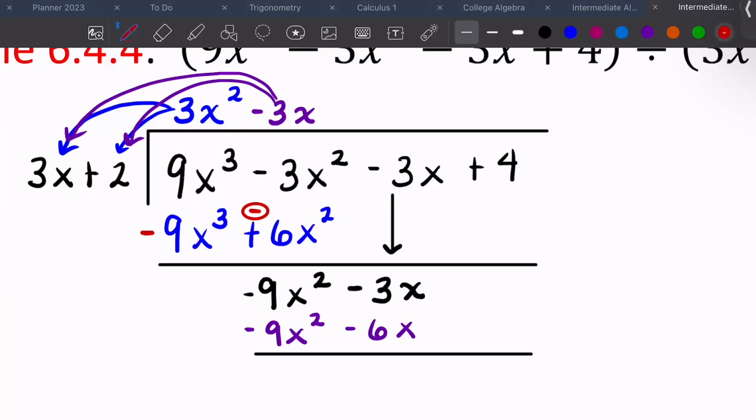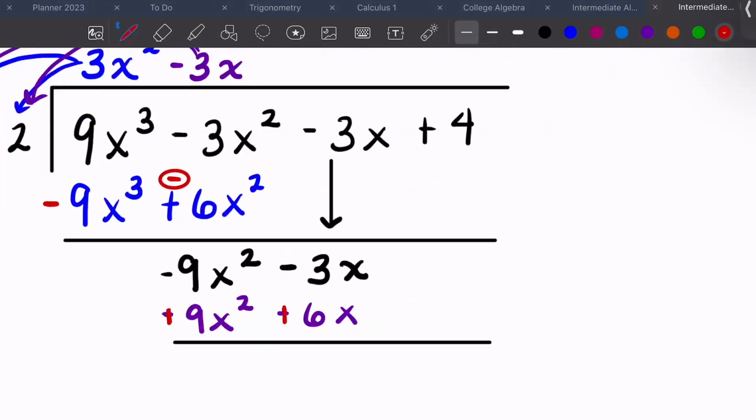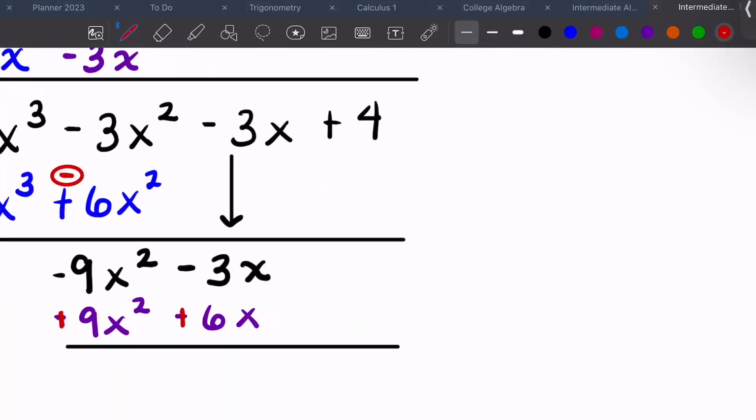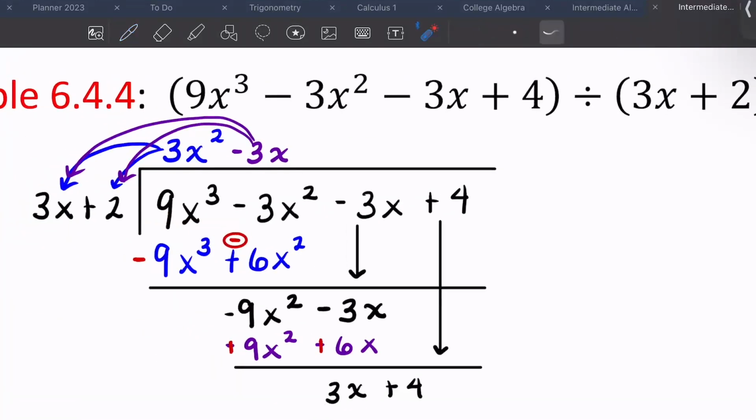Change my signs, right? Plus. That gave me 0 with my x squareds. So -3 plus 6 is 3. Bring down your 4. And do it one more time. 3x needs to match 3x.